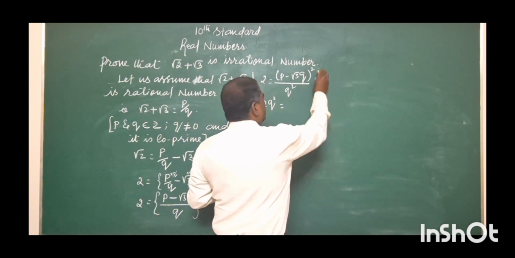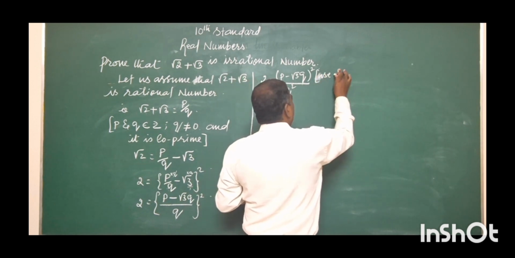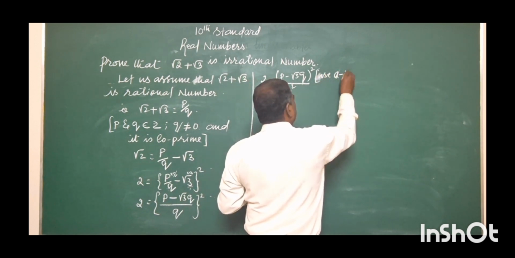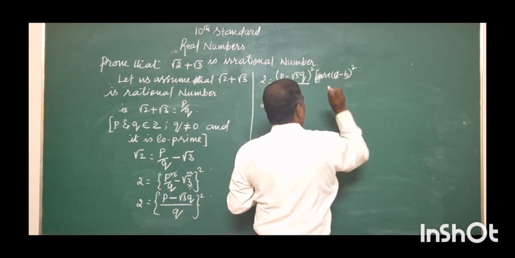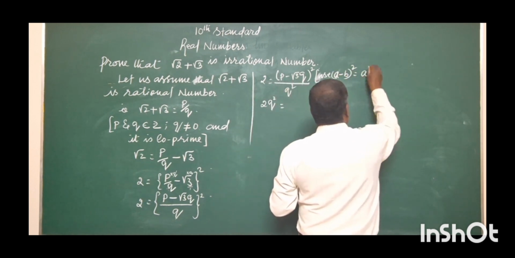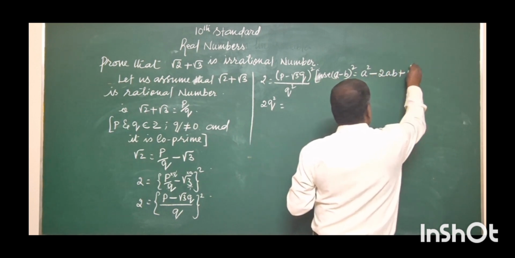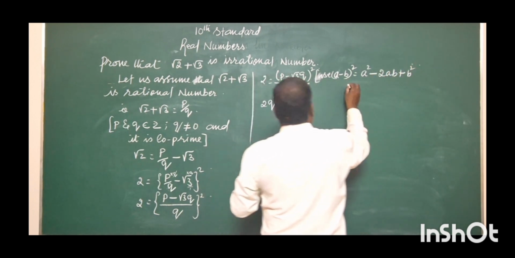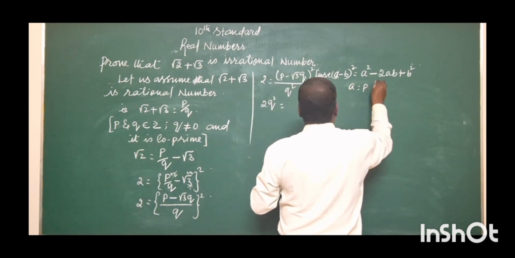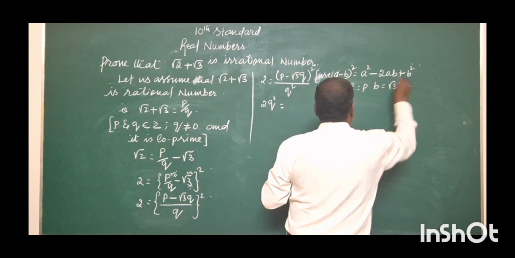Better use the a minus b whole square formula. We know that it is a square minus 2ab plus b square. So a value is p, b value is root 3 q.